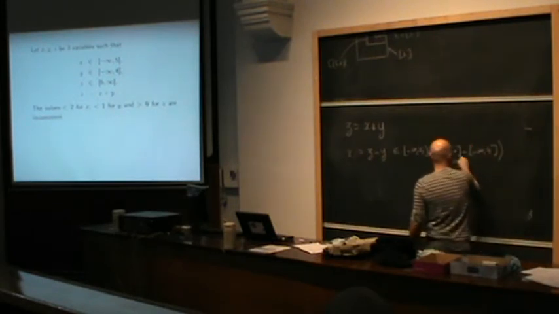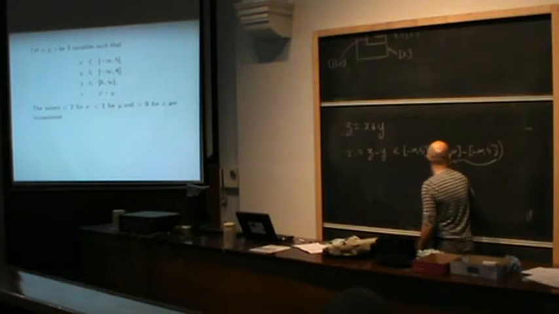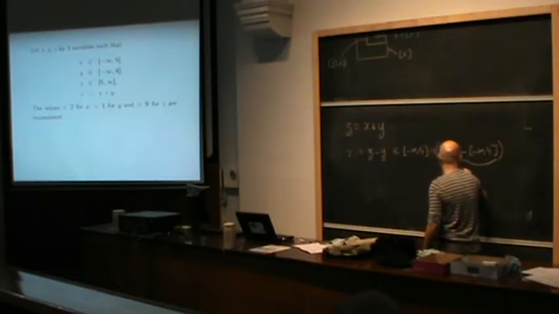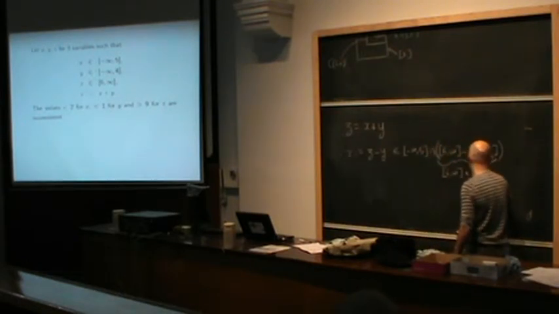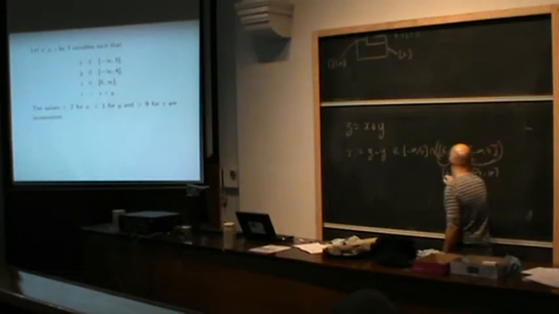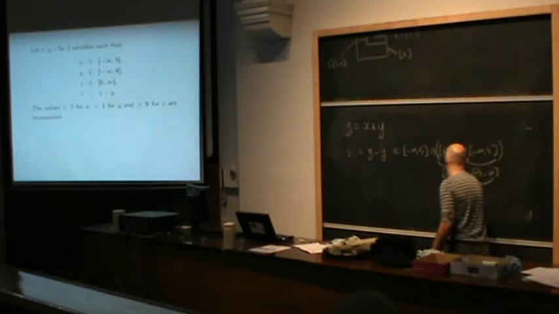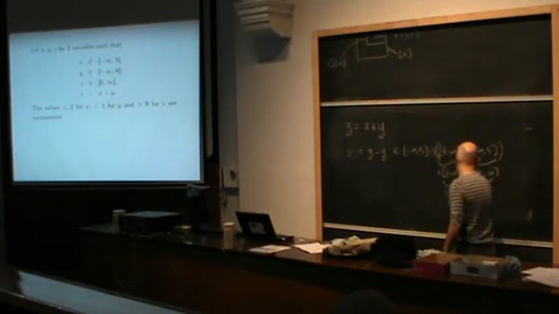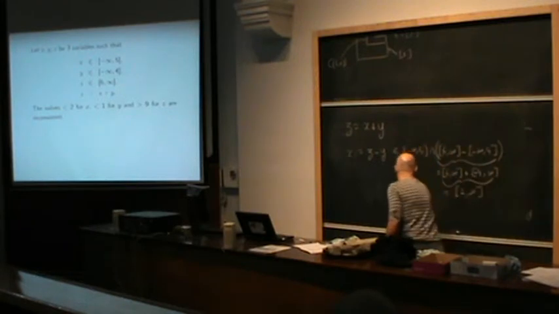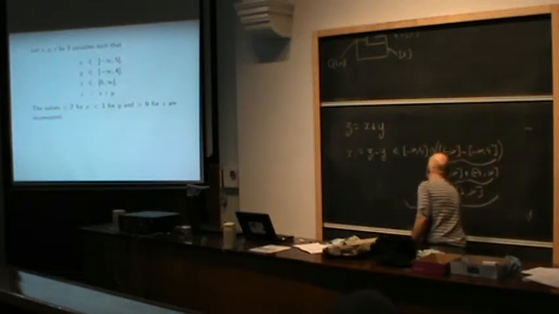Now, this is equal to 6 infinity plus 4 minus 4 infinity. This is equal to 2 infinity. I do the intersection and I obtain 2, 5.